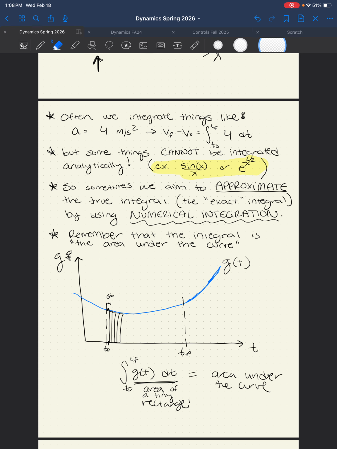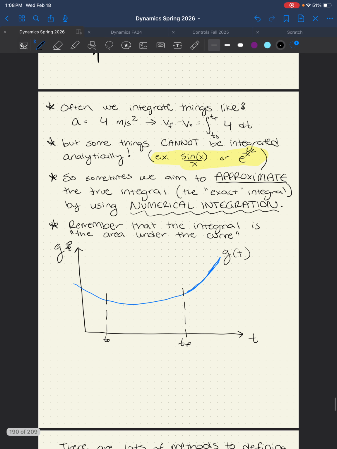Okay. Well, what we're going to do today is loosen this definition a little bit. And by loosen, I mean that it would be fantastic if we could do the integral where we have an infinitesimally small delta t, but for whatever reason, we're not able to do that integral. So what if instead we chose slightly larger rectangles, where the width of this rectangle is not dt, it's not infinitesimally small?